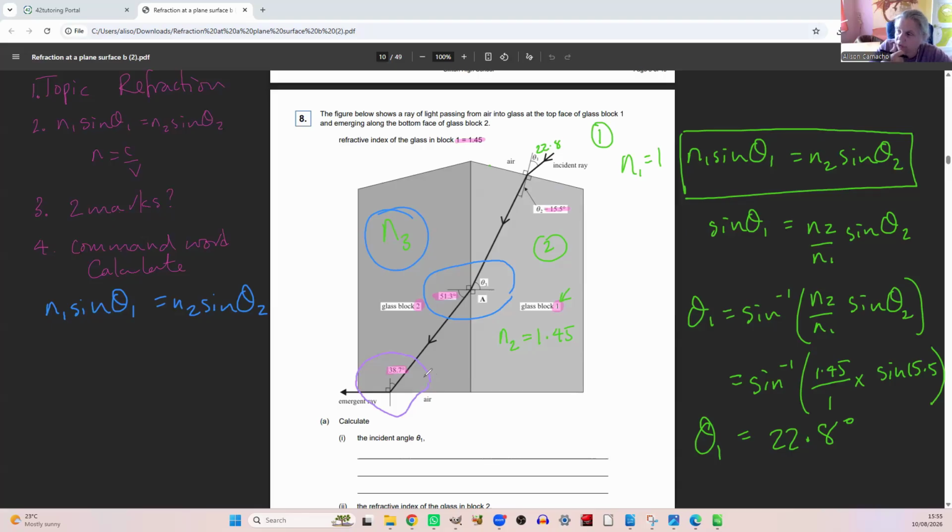Purple. Why do you say purple? We know that the refractive index of air is 1, yeah.